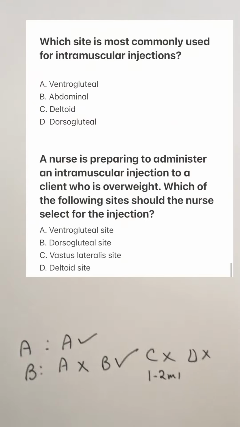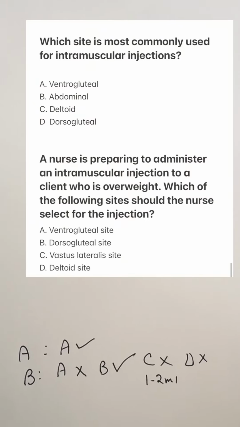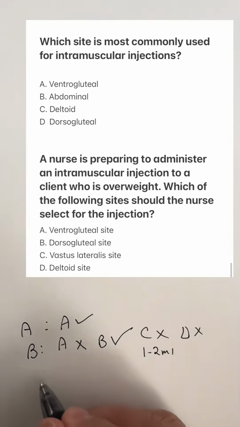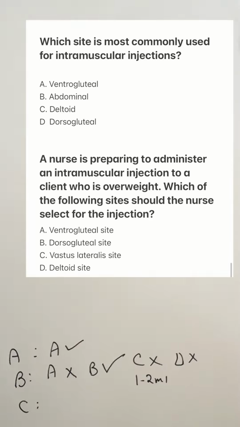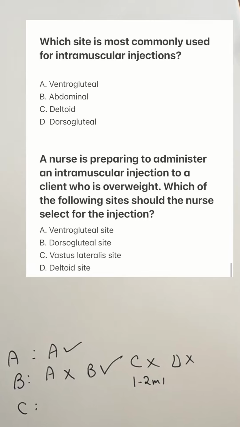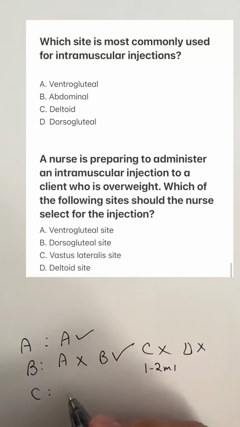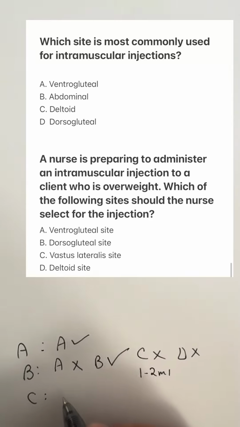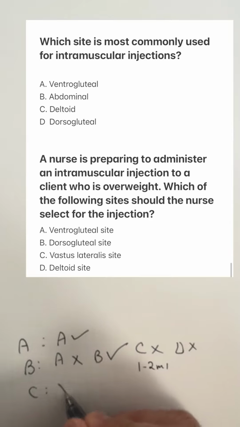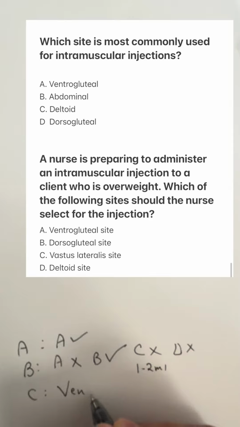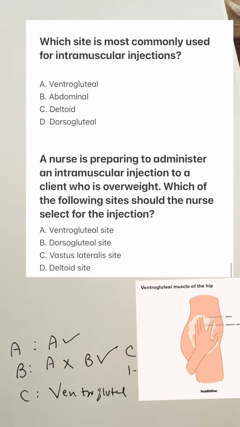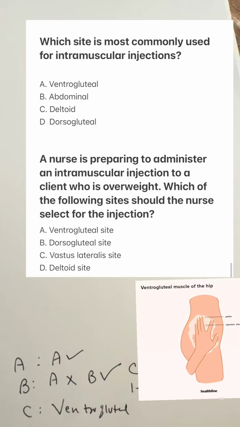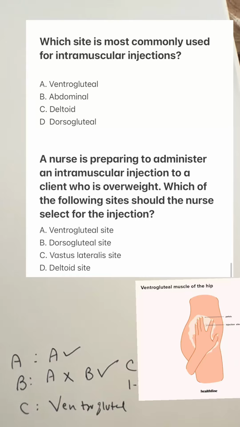The next question is, which site is most commonly used for intramuscular injection? Ventrogluteal, abdominal, deltoid, or dorsogluteal? The best site for intramuscular injection is ventrogluteal, option A. As I mentioned, you want to skip option D, dorsogluteal, because you never give it there because of the sciatic nerve.